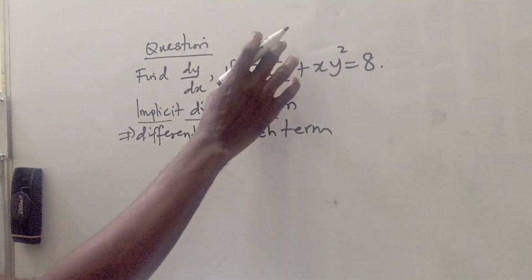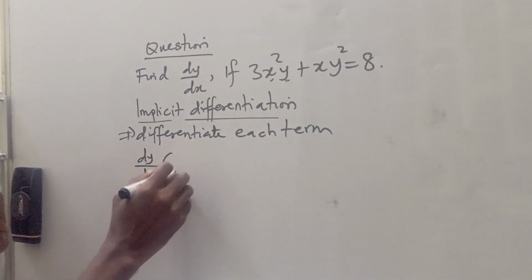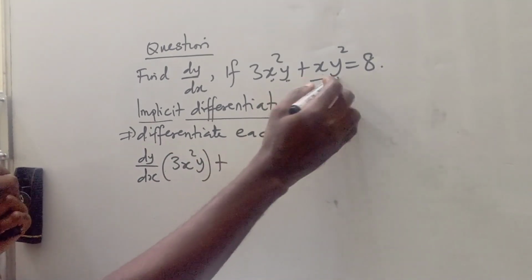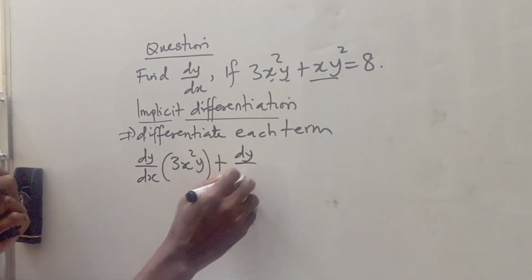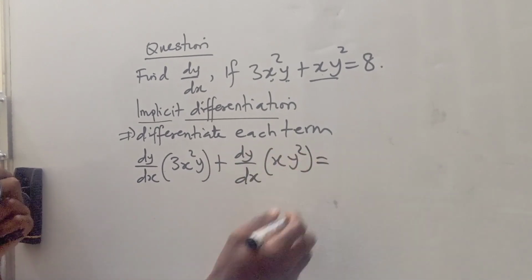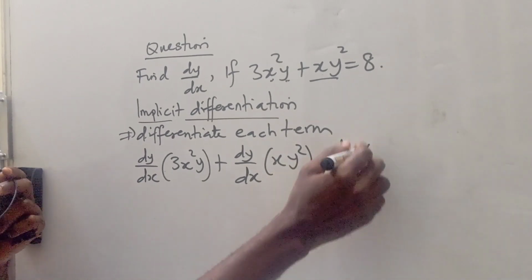So it means I'm going to differentiate this. So I have dy over dx of 3x squared y, plus I'm going to differentiate dy over dx of xy squared, and dy over dx of 8.